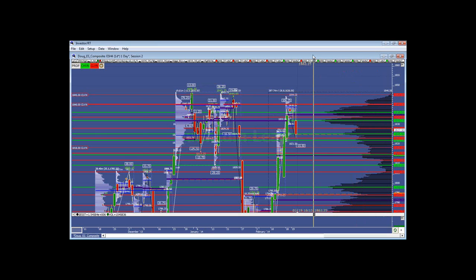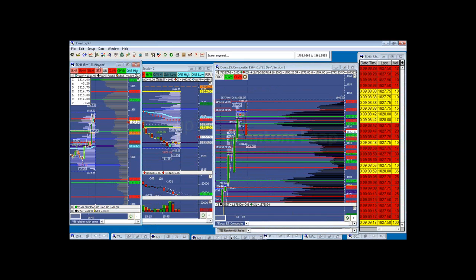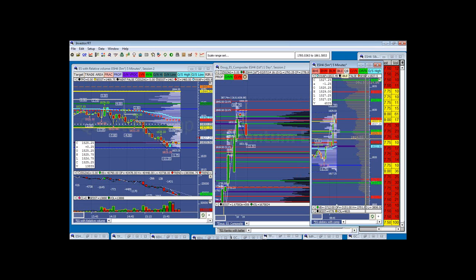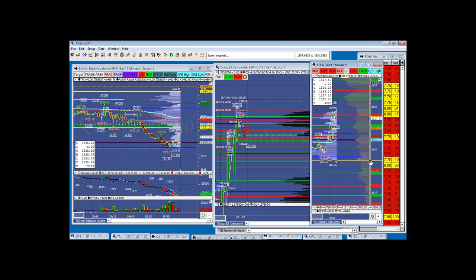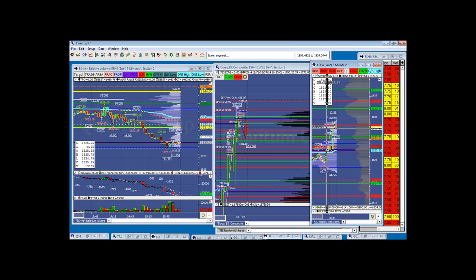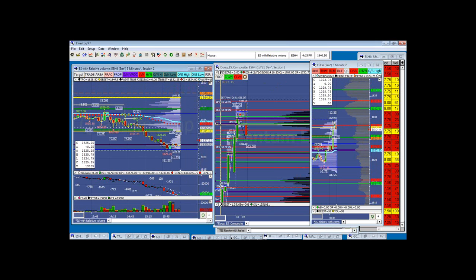So let's move our numbers over on the Globex, and we've got a new high, so I'll have to adjust that ATR low. But our overnight high so far, which could extend because we are trading around it, is 29.50, which is just below the value area low for the 4-day microcomposite.